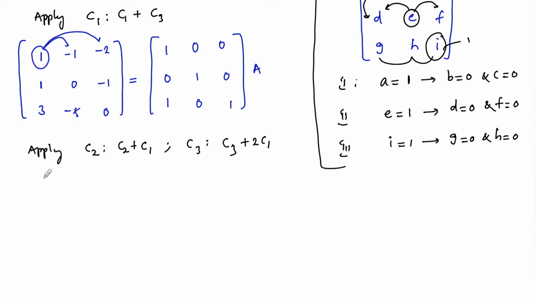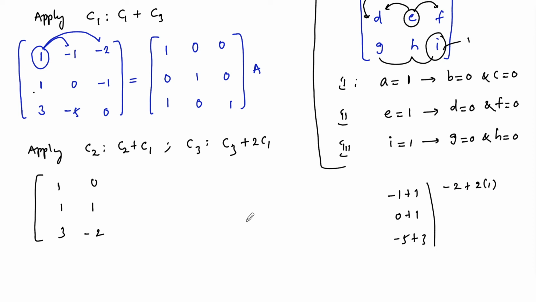So let me write here. Column 1 as it is, 1 1 3, and column 2 you are doing minus 1 plus 1, 0, 0 plus 1, minus 5 plus 3, it's a minus 2. And then again column 3 plus 2 times of column 1, that is minus 2 plus 2 times of 1, it's a 0.